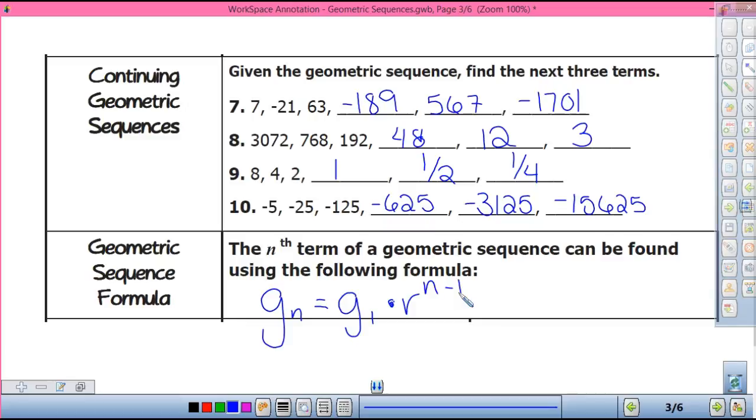I'm saying G sub 1. Alright, so my G sub 1 stands for what? My first term. My R stands for my common ratio, yep.